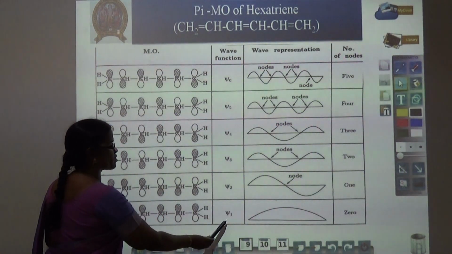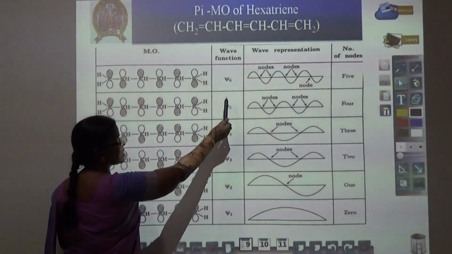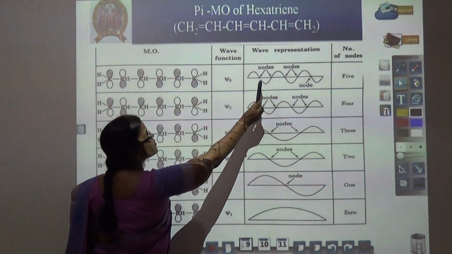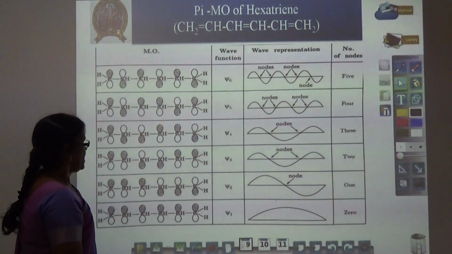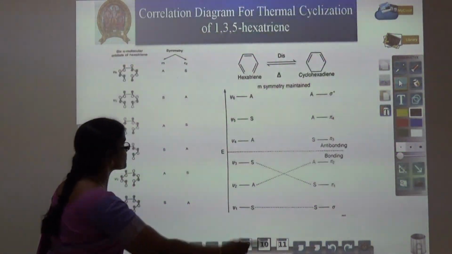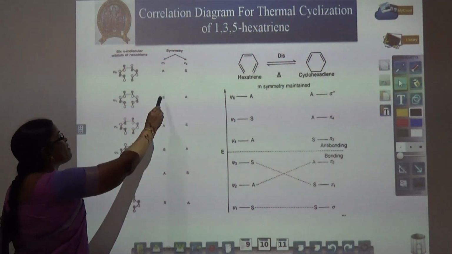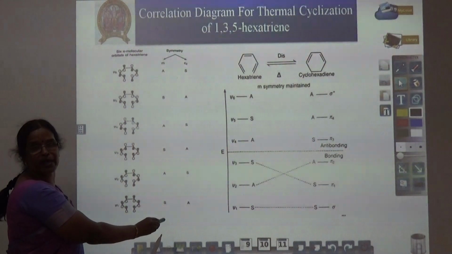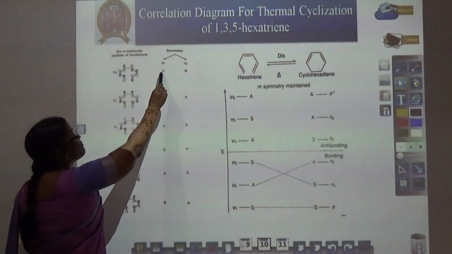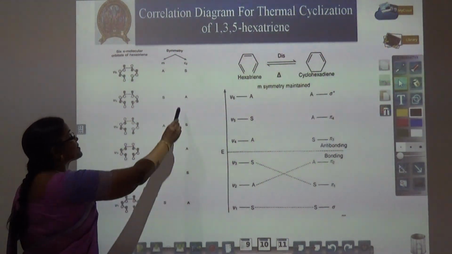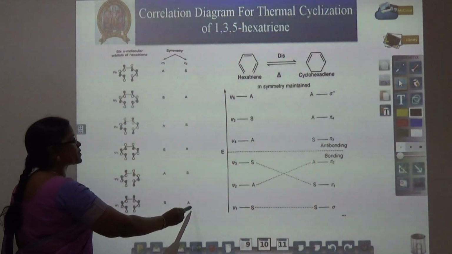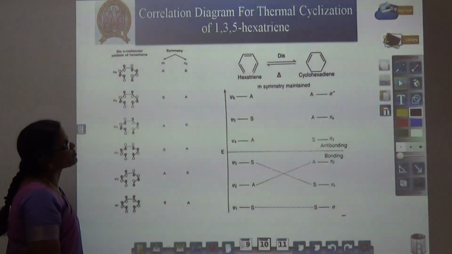The number of nodes: psi 1 has 0 nodes, psi 6 has 5 nodes, right? Then these molecular orbitals are assigned as symmetric or asymmetric with respect to mirror plane symmetry as well as with respect to the C2 axis of symmetry.